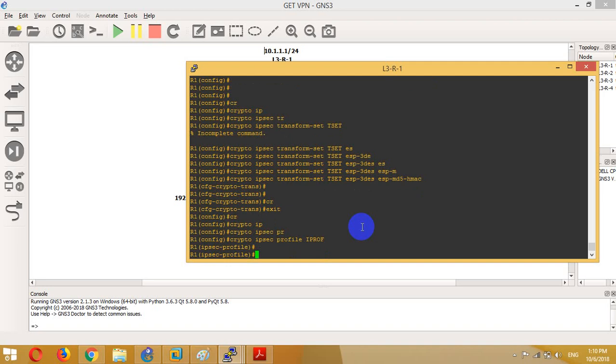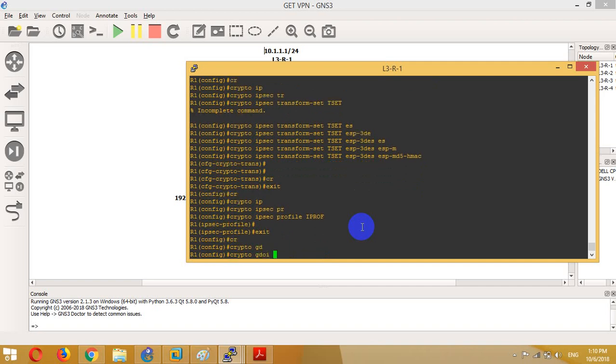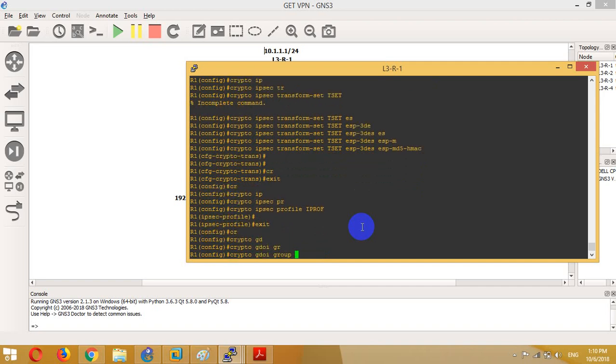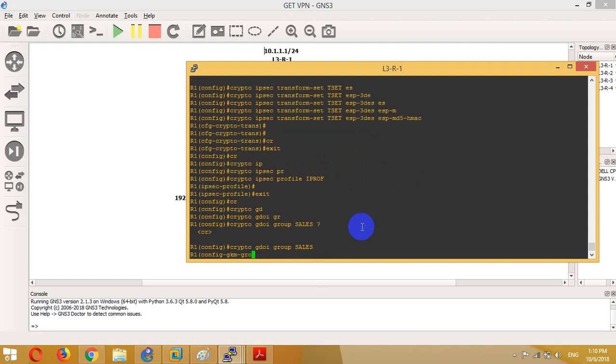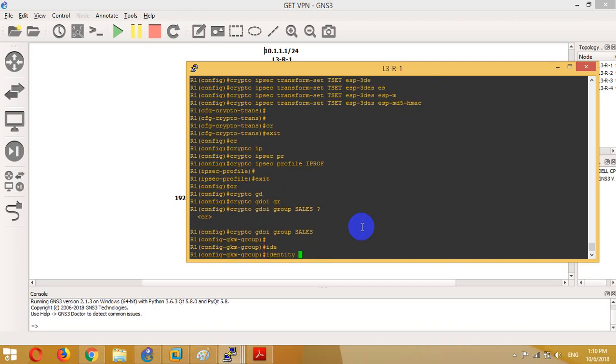Then I will create crypto GDOI group. I'll give it the name sales, for example. Under the group, I will specify the identity number.